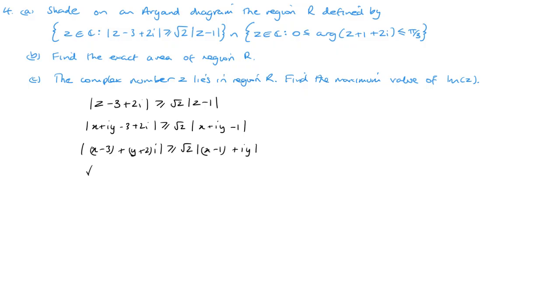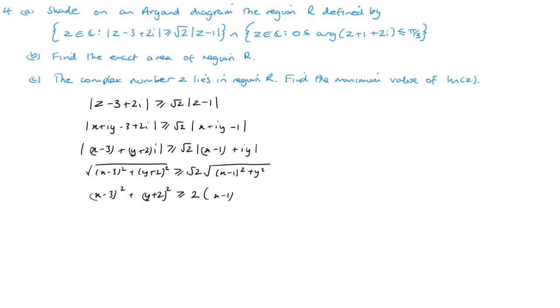Now then, this is (x - 3)² + (y + 2)², and √2 times (x - 1)² + y². I often jump to this line here when I'm doing these, but I'm just taking every step while going through this.